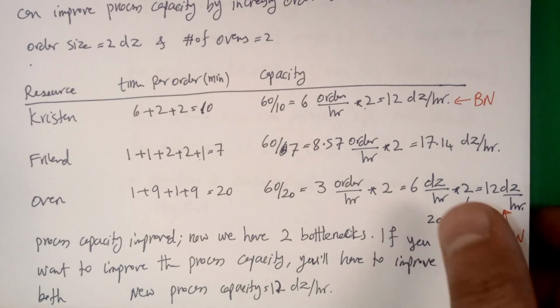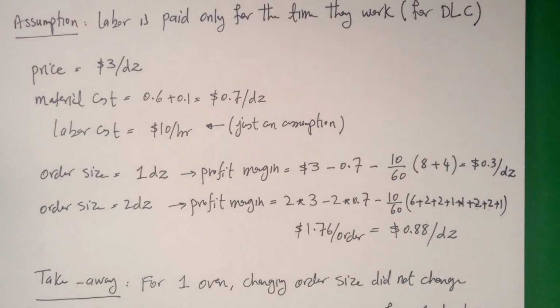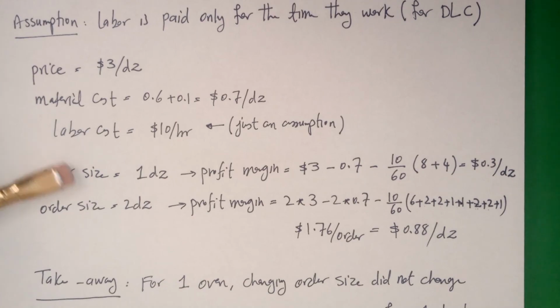It's not terribly difficult. Finally, let's look at profit margins for this small business. If I assume that business owners are paid only for direct labor content for the time that they work, and assume that price is equal to $3 per dozen, material cost is given, and for labor cost I assume that it is $10 per hour.